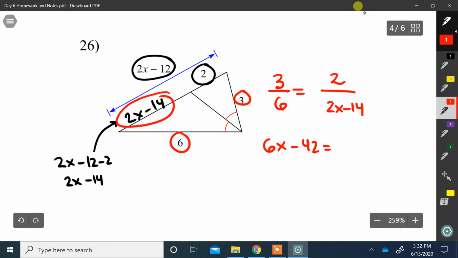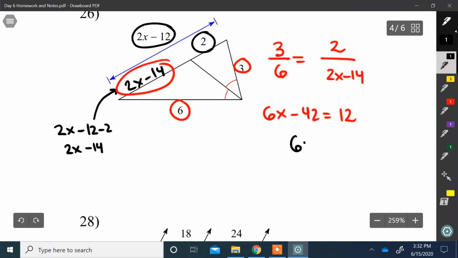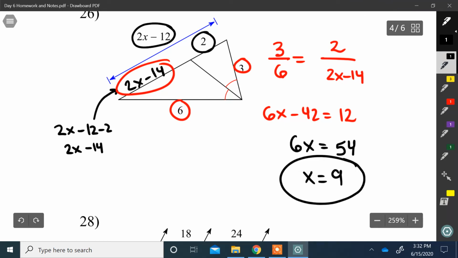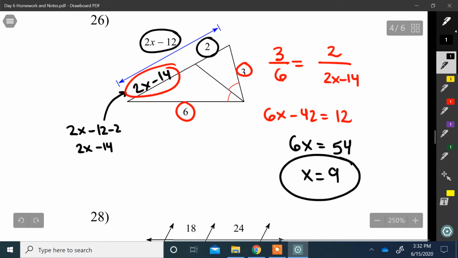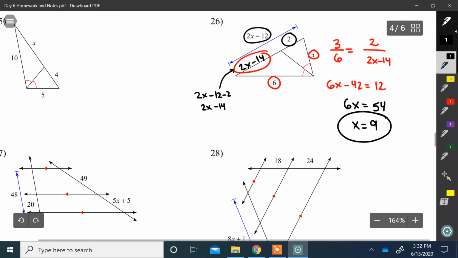And then 2 times 6 should be 12. Go ahead and add 42 on both sides. So 12 plus 42 should be 54. And then divide by 6 and you should get 9 as your final answer. Okay? All right, very good.